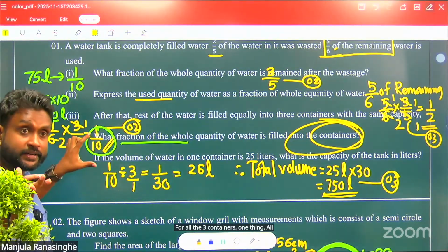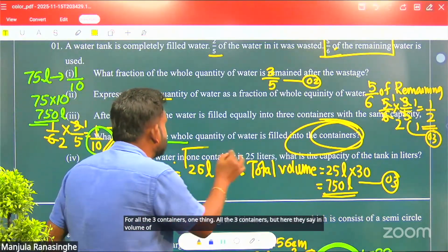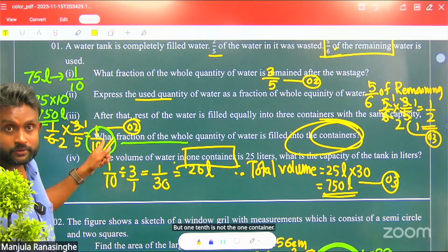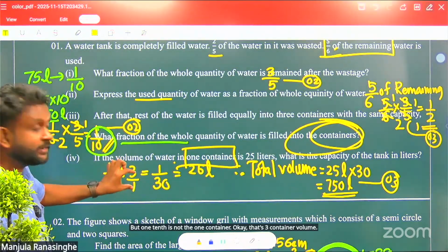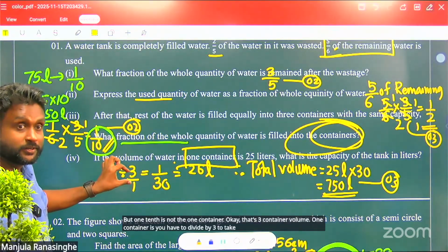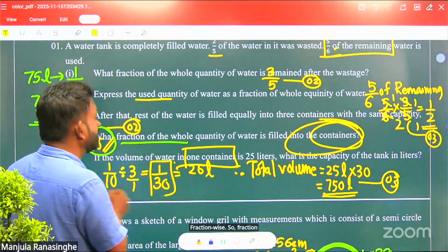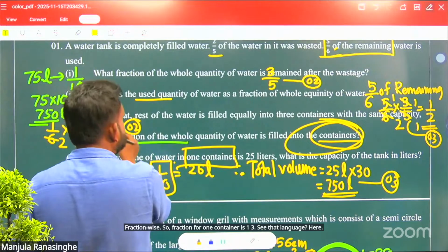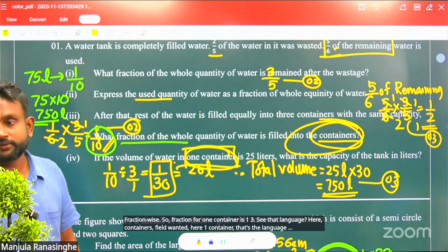But here they are saying the volume of water in one container. 1/10 is not for one container; that's the three containers' volume. For one container, you have to divide by 3 to get the fraction, so the fraction for one container is 1/30. See the language here: containers filled 1/10, here one container. That's the language understanding.